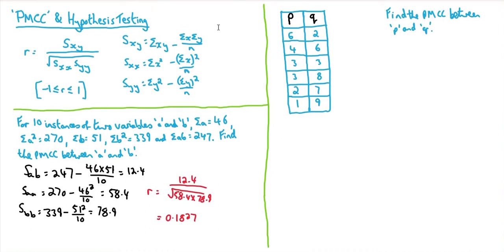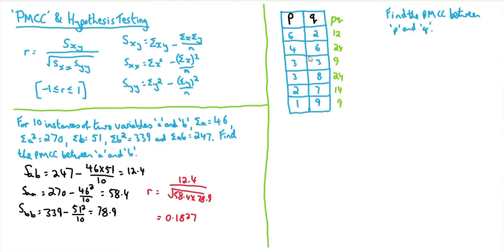So, to start off with, because we can work out these sigma values really in any order, I'm actually going to start by working out what each of the PQ values are going to be. So 6 times 2 is going to get you 12, then just going down for each of the rows, you should have 24, 9, 24, 14, and 9.